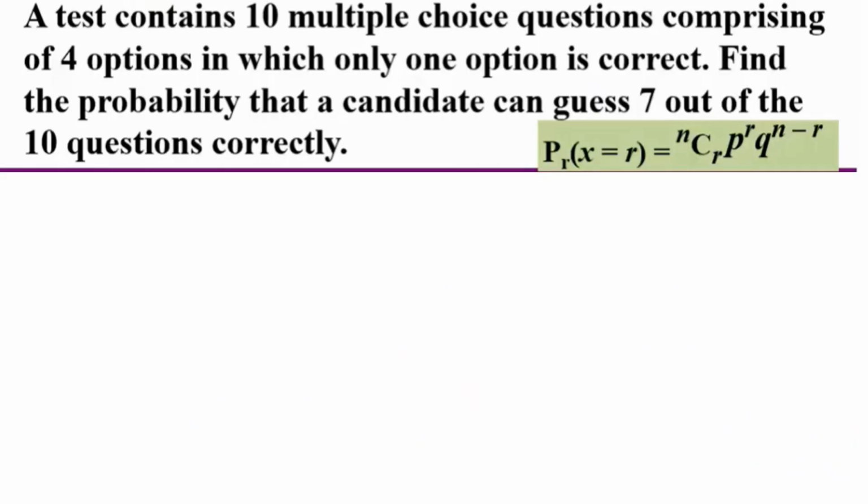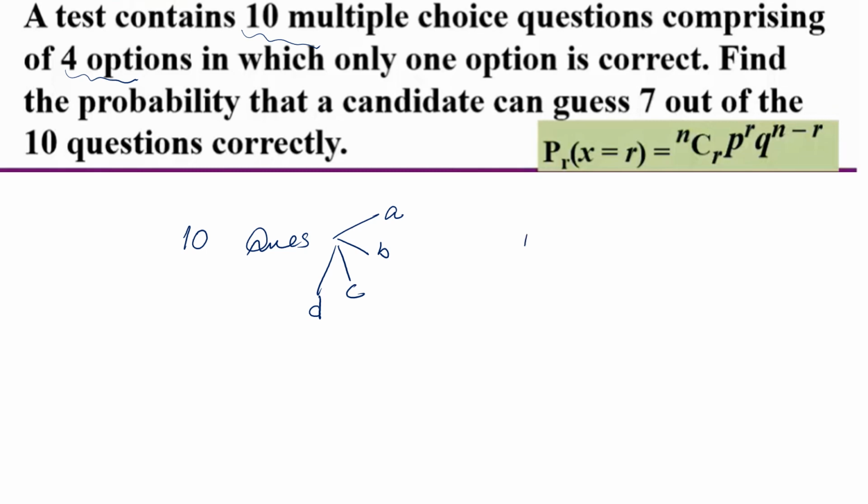Next question. A test contains 10 multiple choice questions comprising 4 options. Means first of all, you have 10 questions, right? And for every question, you have 4 options, in which one option is correct.